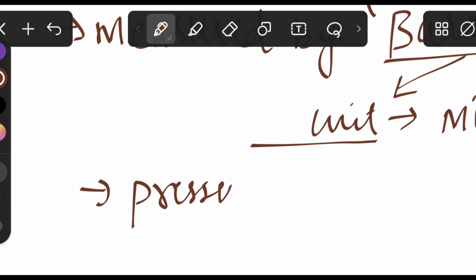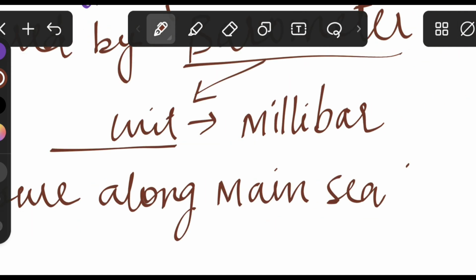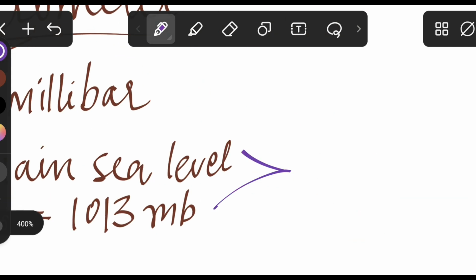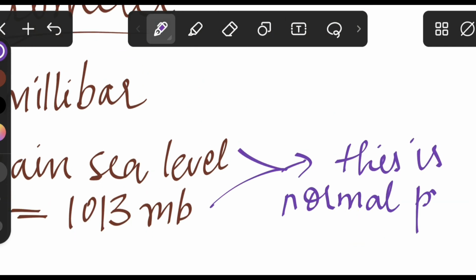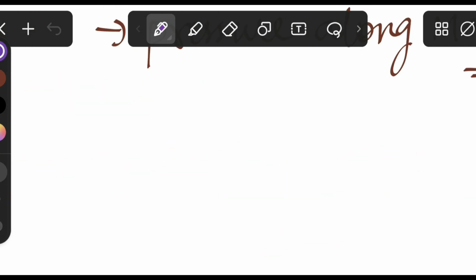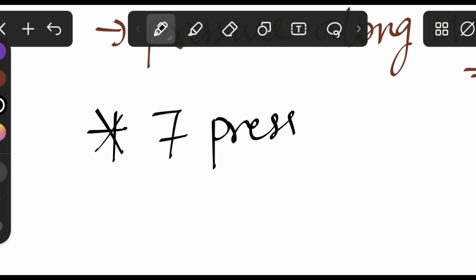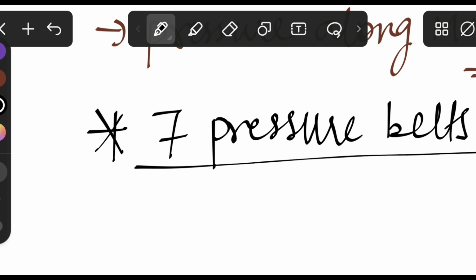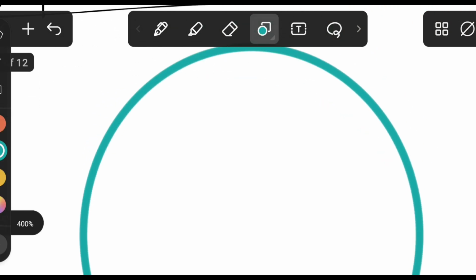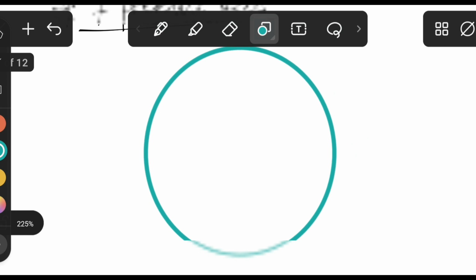The pressure along the mean sea level is 1013 millibar, and this is considered as normal pressure condition. As we all know, the pressure is not uniformly distributed over the earth. Some areas experience high pressure and some areas experience low pressure conditions.